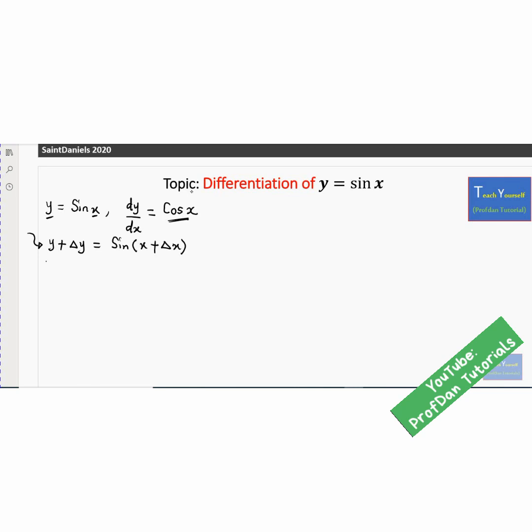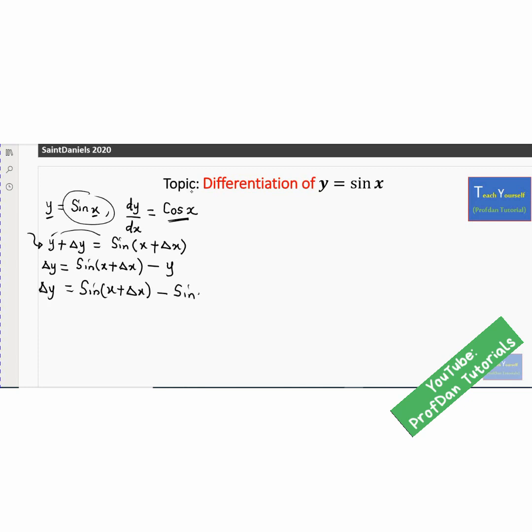And the next is to make delta y the subject of the formula, and this gives sine of x plus delta x. The y comes to the right side to give minus y. So we have delta y equals sine of x plus delta x minus y, which is originally given as sine x.